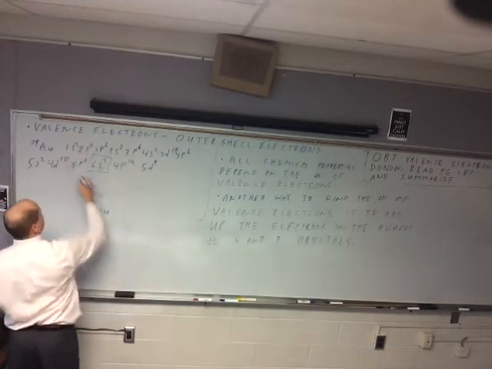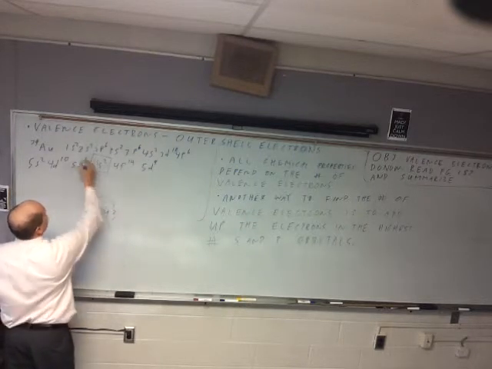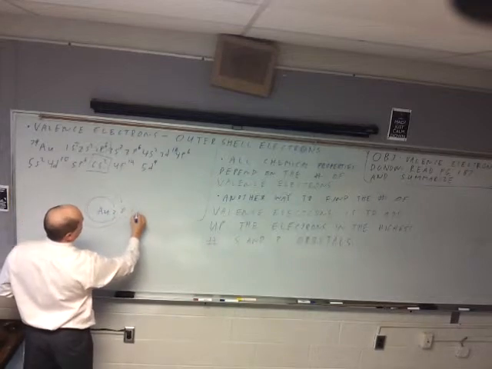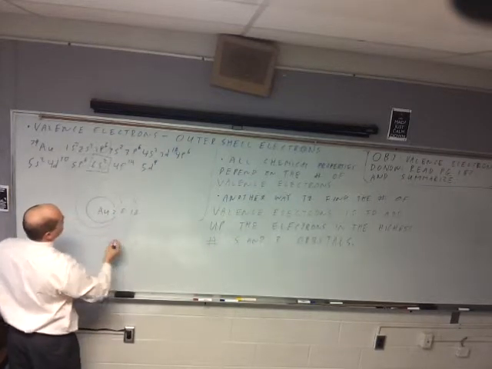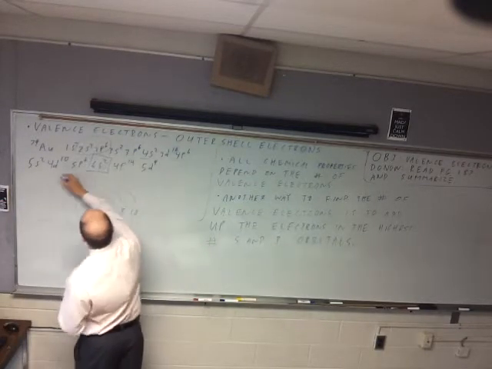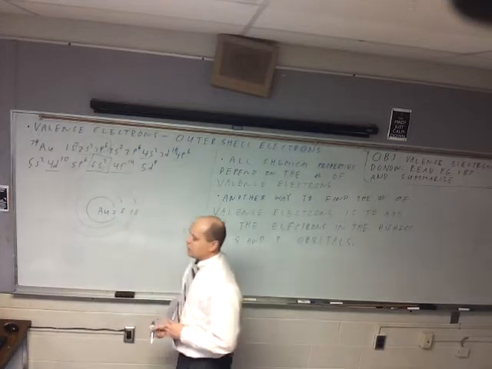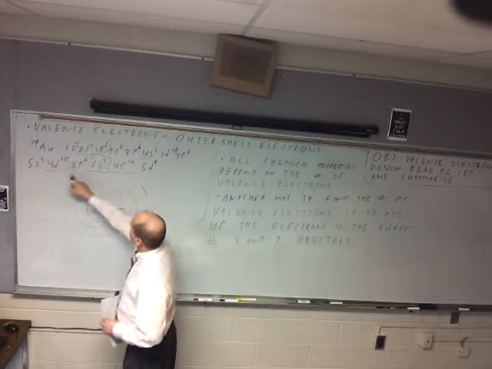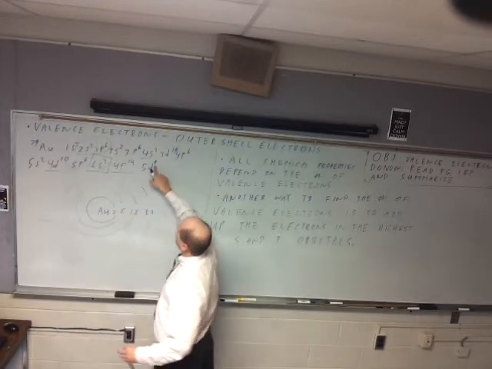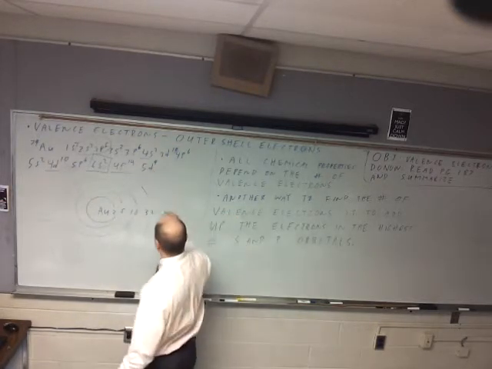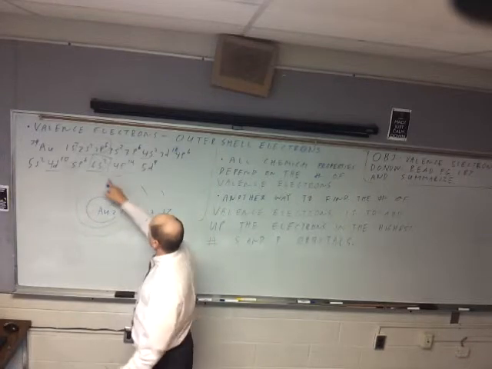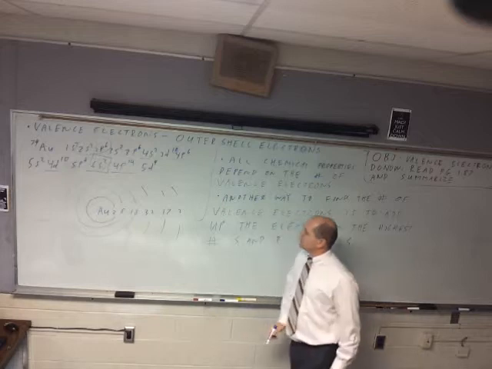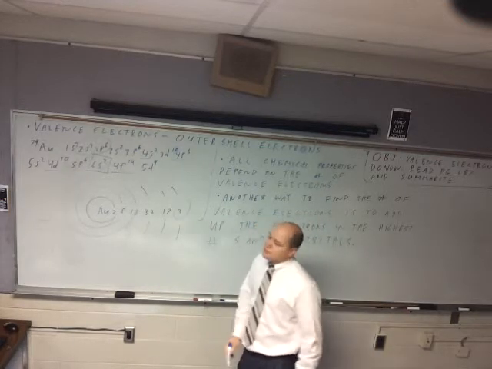It's going to be 2 electrons in the first shell, 8 electrons in the second shell, 18 in the third shell. Fourth shell, we've got 4s, 4p, 4d, and 4f. Add up all those, that's 32. Fifth shell has 5s2, 5p6, and 5d9. That's 17. And then the sixth shell, 6s2 is 2 electrons. So there we go. There's our 2 valence electrons.